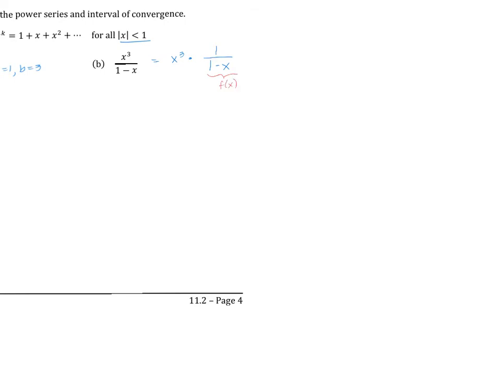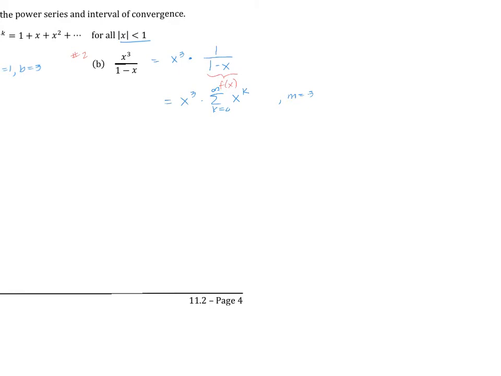So this looks like property number 2. It looks like I have x to the third times this series, k equal to 0 to infinity, of x to the k. In this case, m is equal to 3.